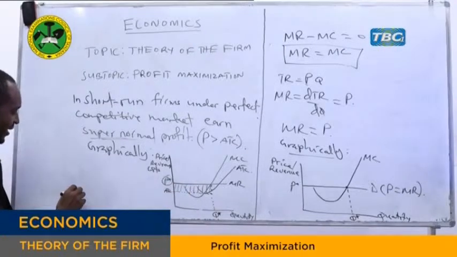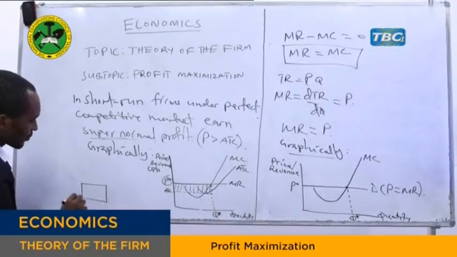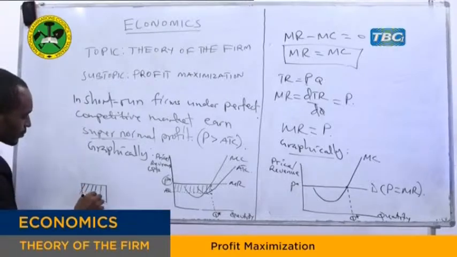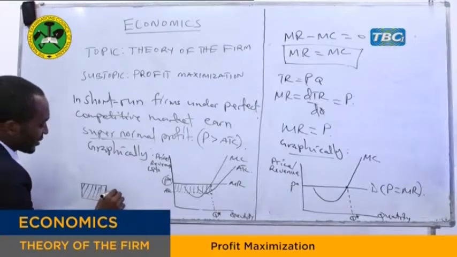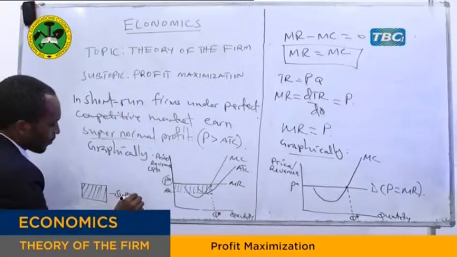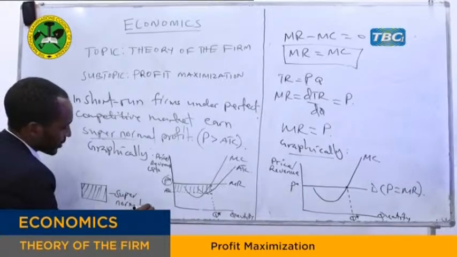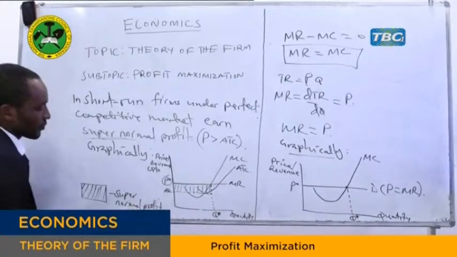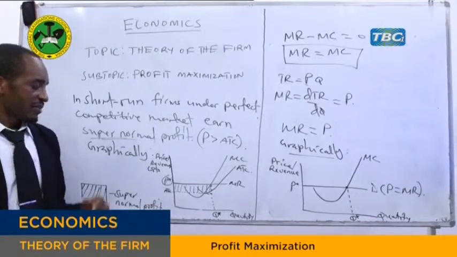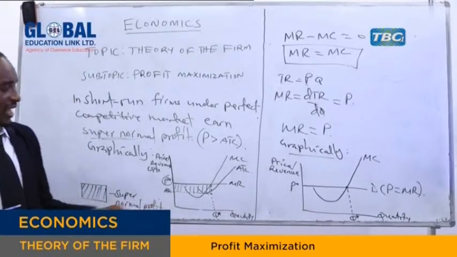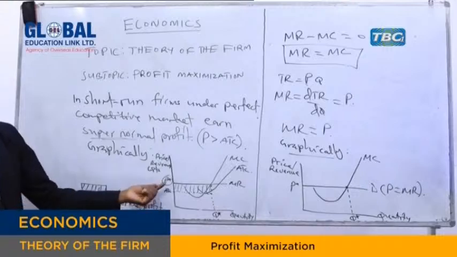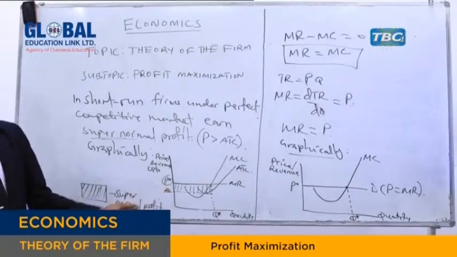So the shaded area is supernormal profit. So firms under perfect market in the short run will earn supernormal profit when the price is greater than average total cost.